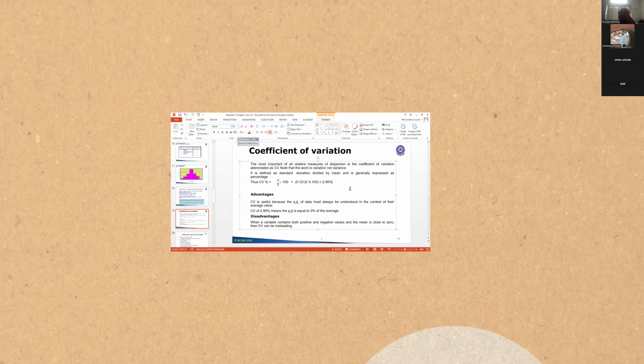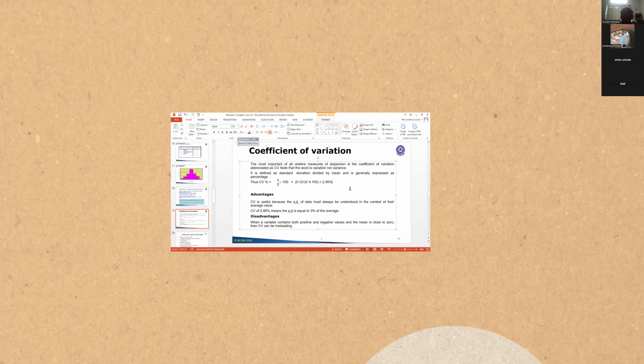It is defined as standard deviation divided by mean. CV is useful because standard deviation data must always be understood in the context of the average value. A CV of 2.95% means the standard deviation is equal to 3% of the average.